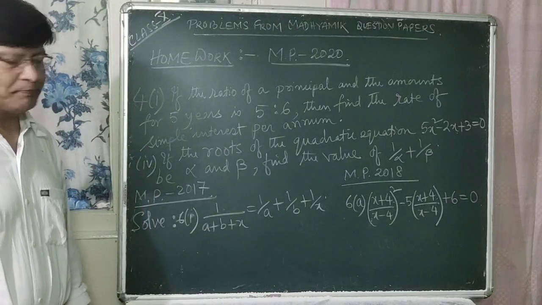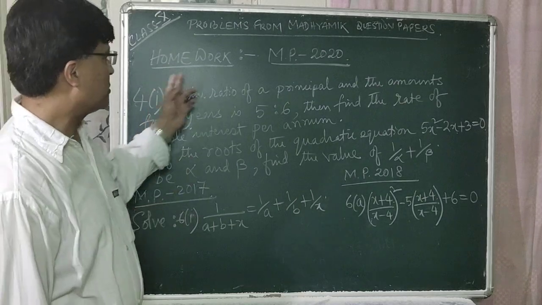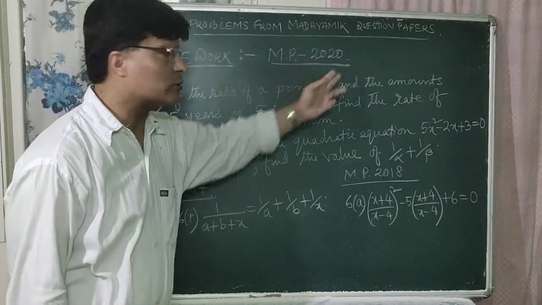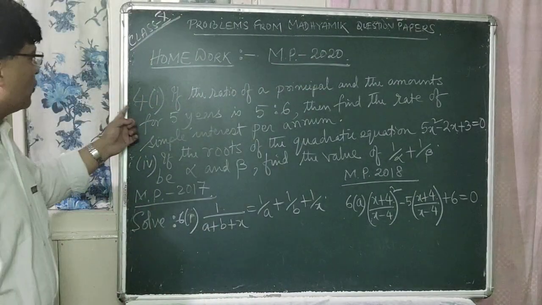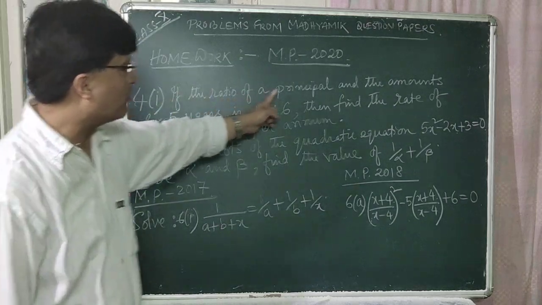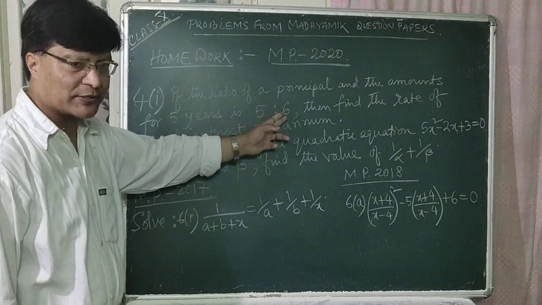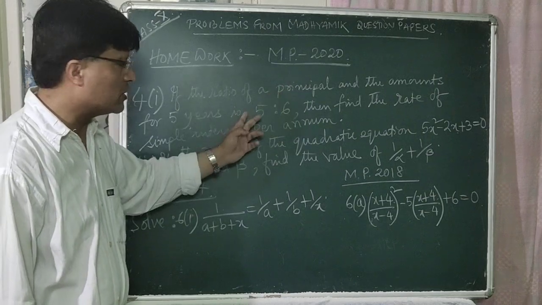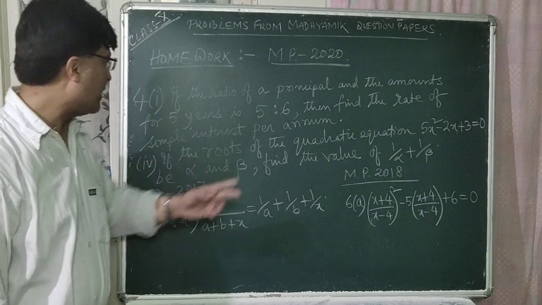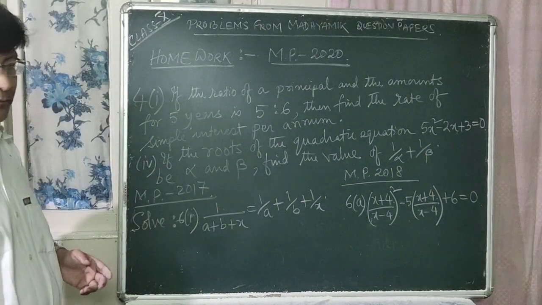You can do it at home. Okay. So this question is from Madhyamik Pariksha 2020. So for number 1 is, if the ratio of a principal and the amounts for 5 years is 5:6. Principal is to amount is given 5:6. Then find the rate of simple interest per annum.